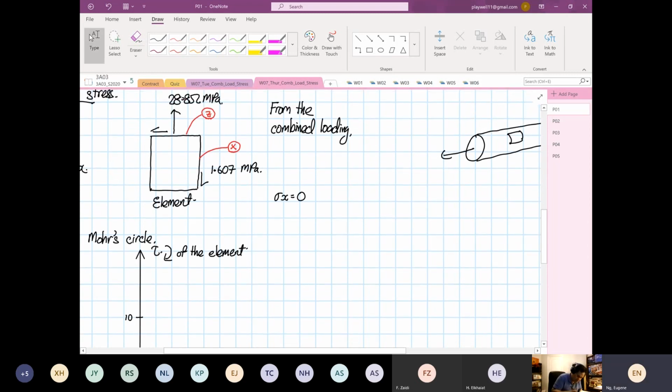Stress z is equal to 28.852 megapascal, so this is positive. Your shear xz is equal to shear zx, and this will be equal to minus 1.607 megapascal. In this direction, I will elaborate later, it's what we call negative shear.